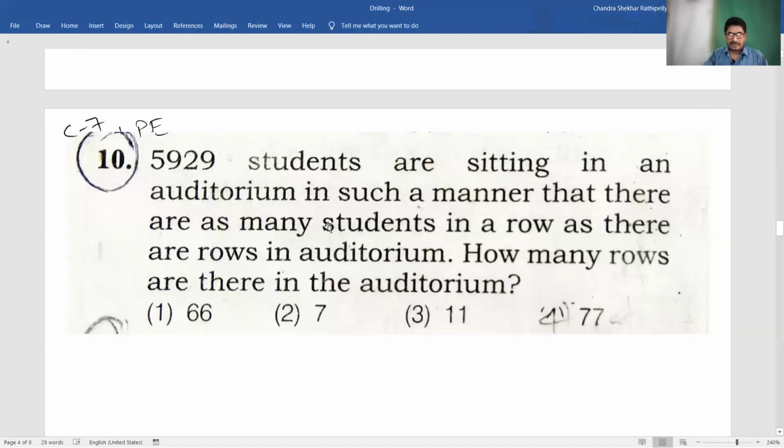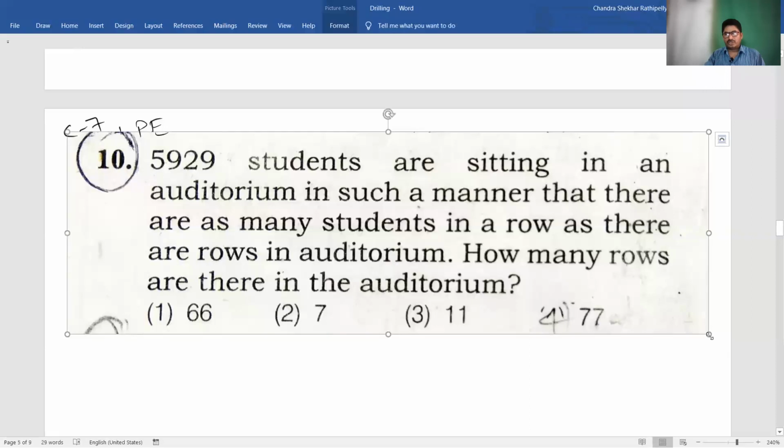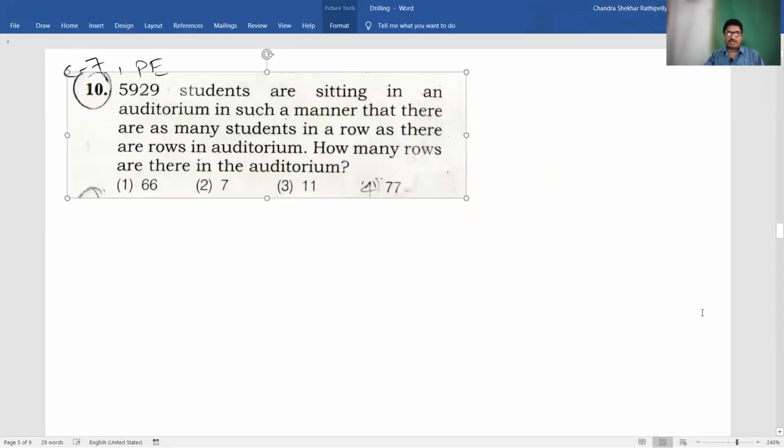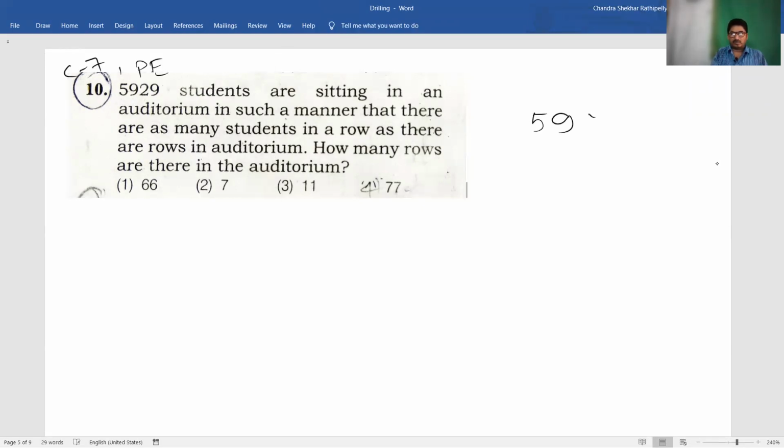So this is also, here we also find the square root, children. Here we have to find the square root of 5,929. For bigger numbers, we know the method to find the square root. So we have to factorize. 3 table: 5 plus 9 plus 2 plus 9 is 25.